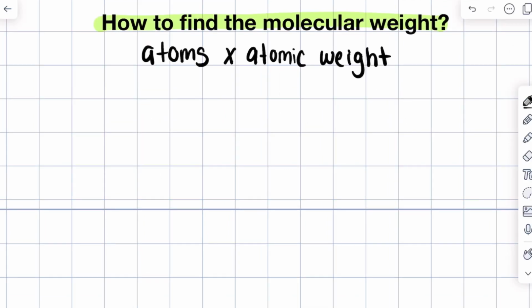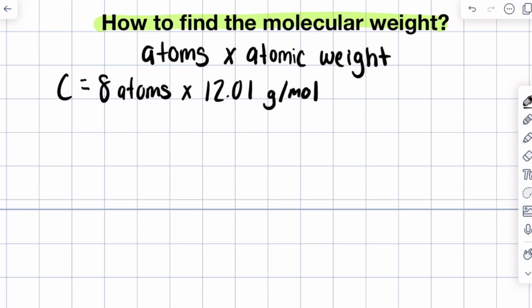Finding the molecular weight is the same process as we did before. We're going to be using the same formula, atoms times atomic weight. So we know that carbon has 8 atoms. We'll be timing that by 12.01 gram moles. Hydrogen has 11 atoms times 1.01 gram moles.